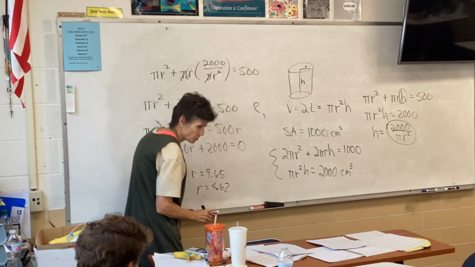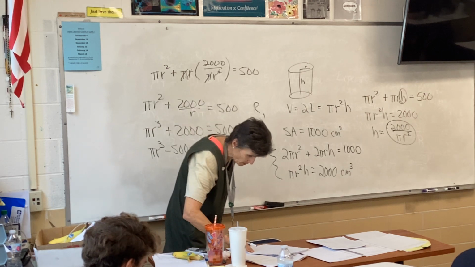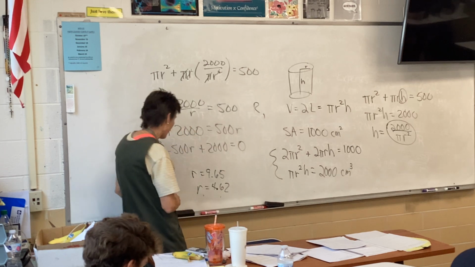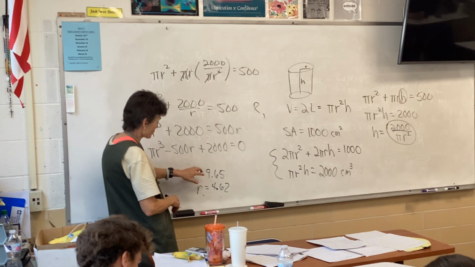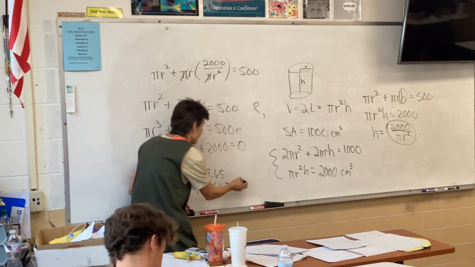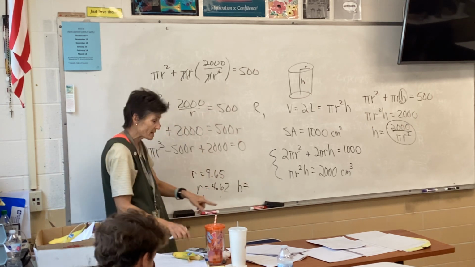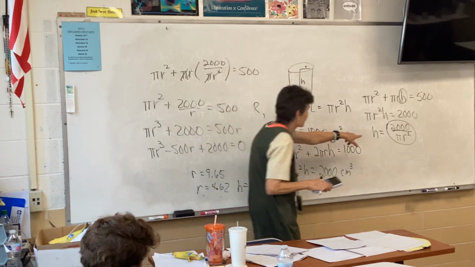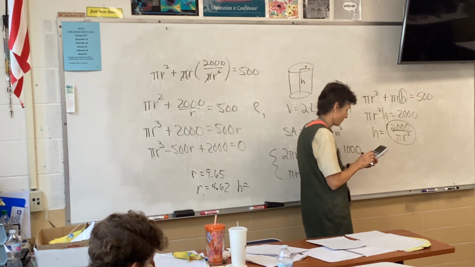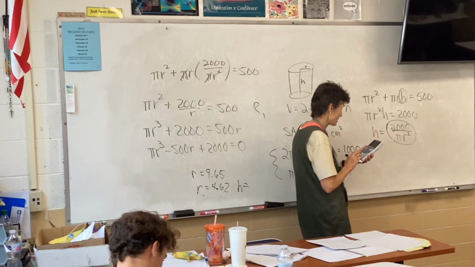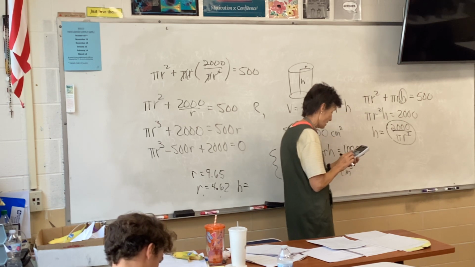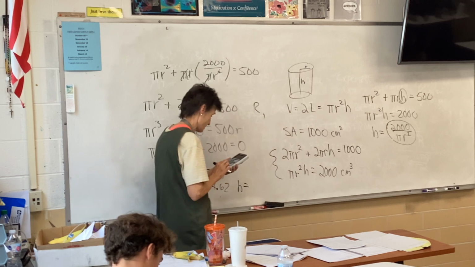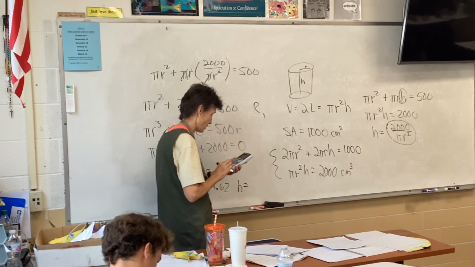The question says, find the radius and height. So we have two possible radii. Let's find the height that goes with a radius of 4.62. So find the height: 2,000 divided by pi times 4.62 squared.